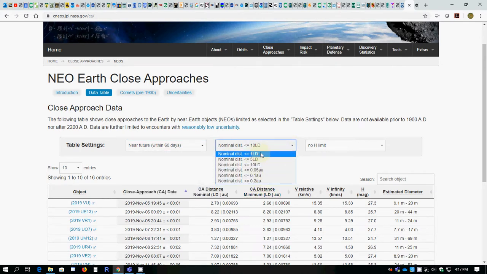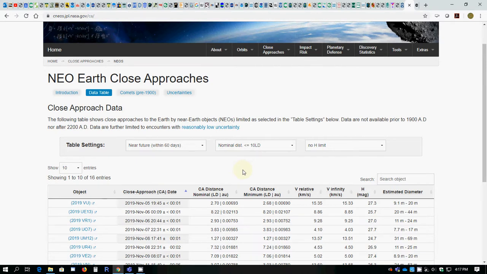LD stands for lunar distance, which is 200 and something thousand miles, the distance from the Earth to the Moon. And an AU is an astronomical unit, the average distance from the Earth to the Sun. So these range from reasonably close encounters all the way up to 18 or so million miles away, which is not really a close approach, but it's still detected and recorded.